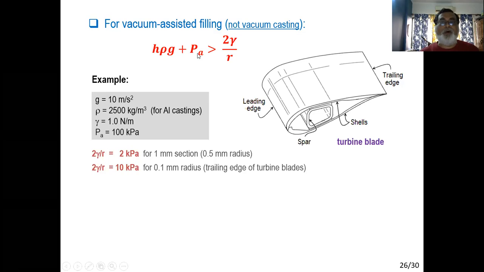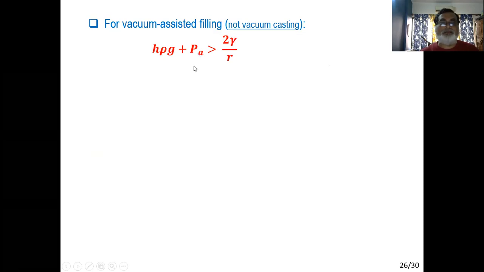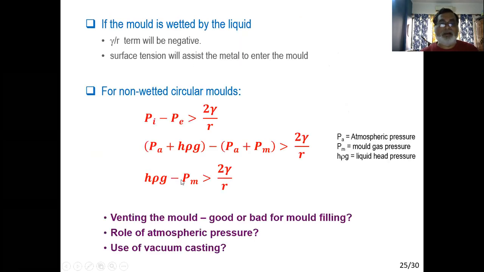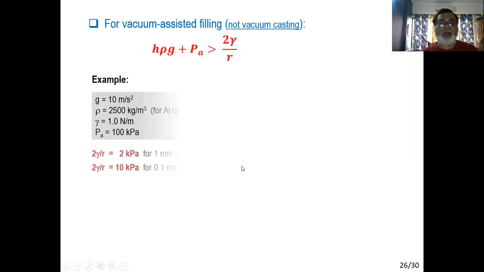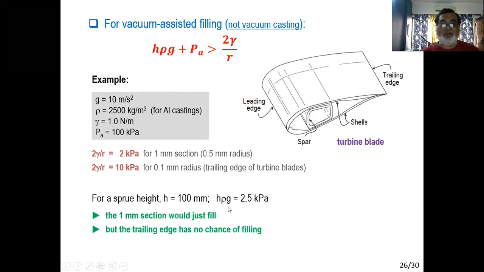Now, for normal casting, if the formula is this one, and if we ignore this PM, the sole positive pressure is H rho G. So if we calculate H rho G for a 100 millimeter height casting, the value becomes 2.5 kPa.